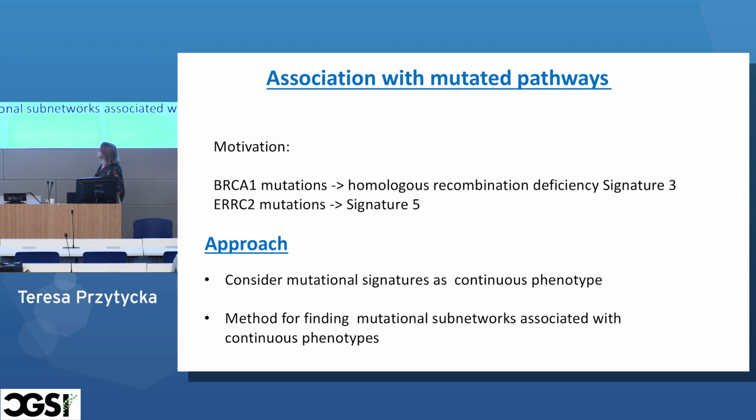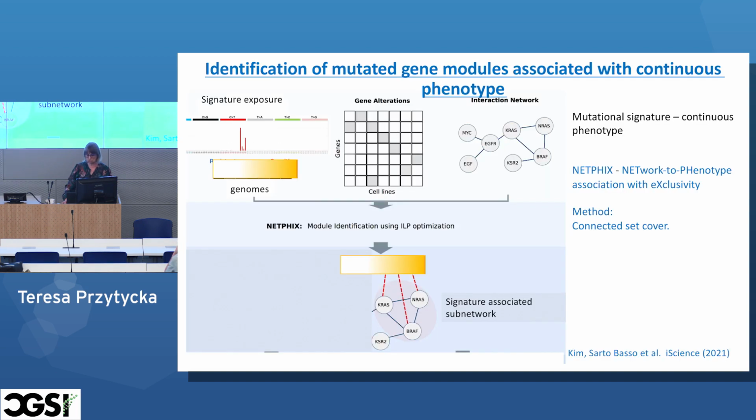It's been observed that signature 5 appears in the cancers that have mutation in this nucleotide excision repair protein, ERCC2. So that suggests that we should perhaps consider associating those mutational signatures with mutated genes or, more broadly, say, mutated subnetworks. And this is another thing that we can do. So there are various methods.